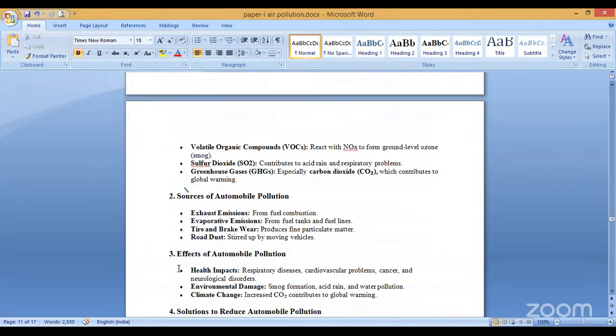Volatile organic compounds react with NOx to form ground level ozone. Sources: exhaust emissions from fuel combustion, evaporative emissions, and tire and brake wear, which produces fine particulate matter.